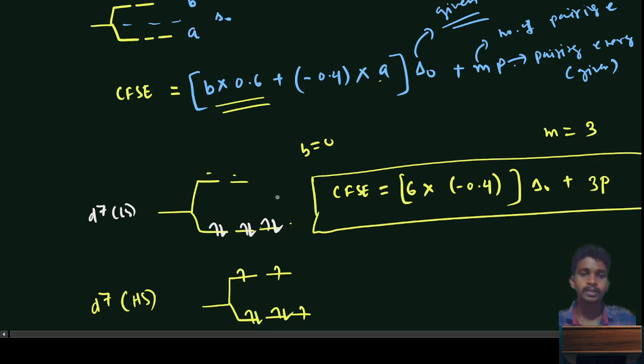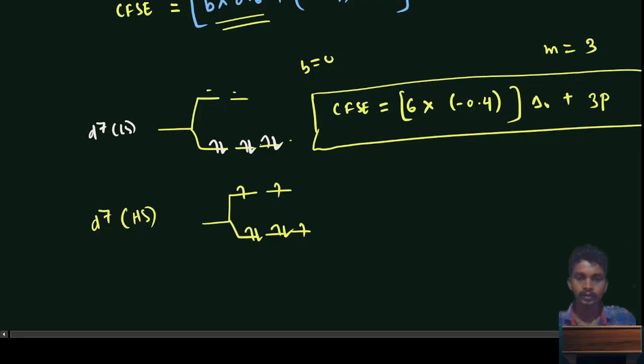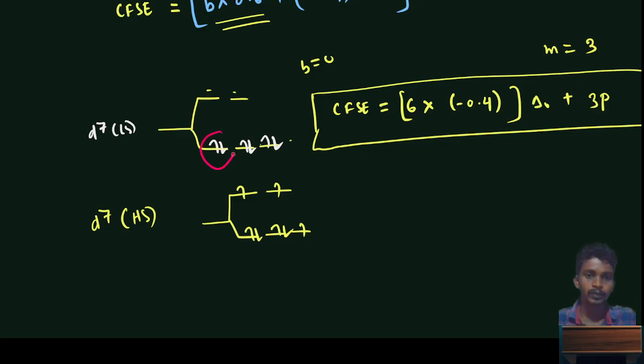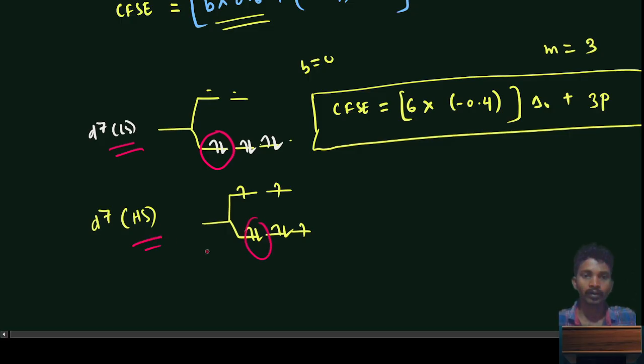In both cases, pairing will definitely occur once. Either you do low spin or high spin, this pairing occurs.